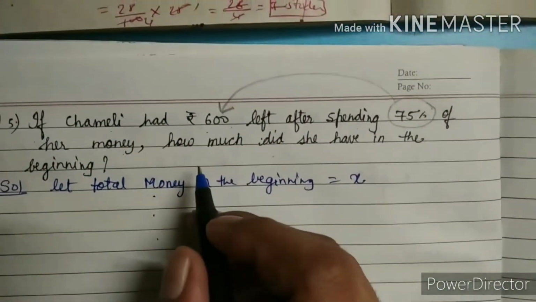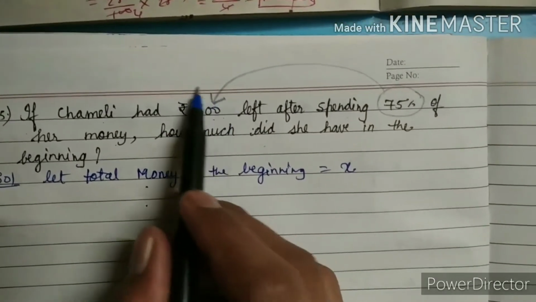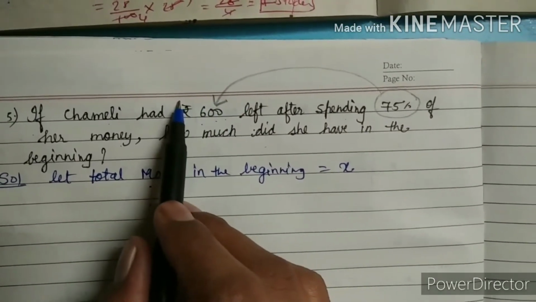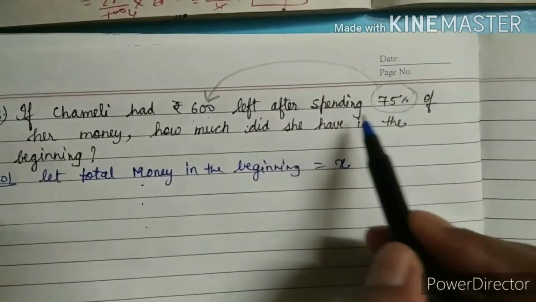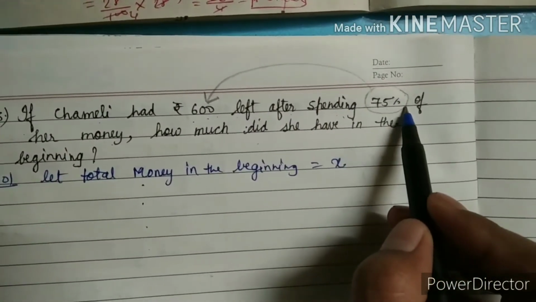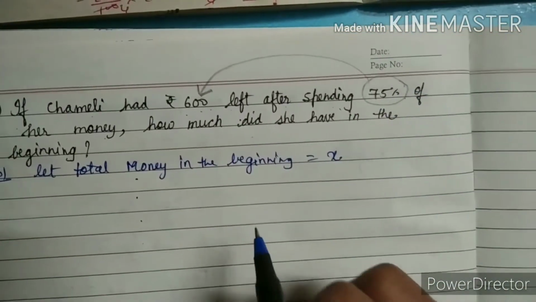Now again we will read the question. Chameli has 600 rupees remaining after spending 75%. After spending 75%, it will be removed from the total.